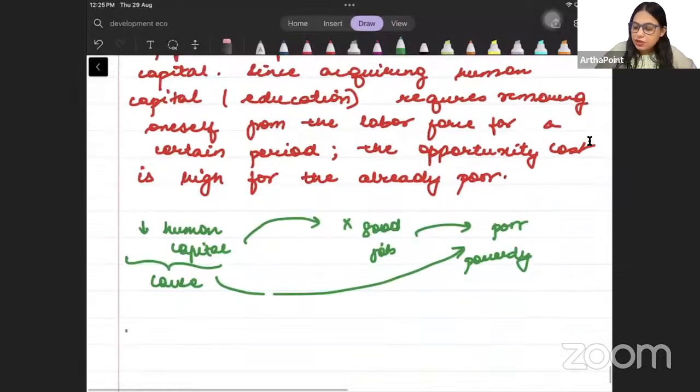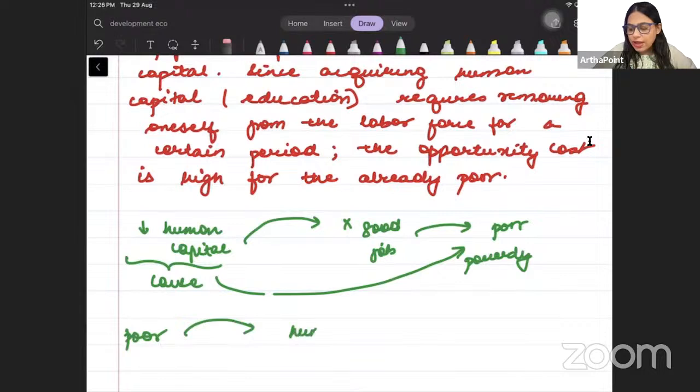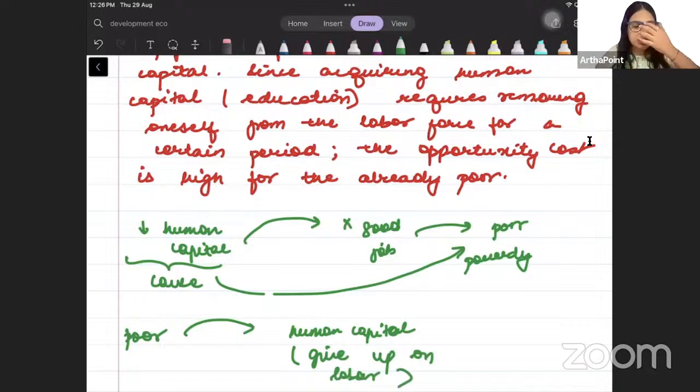But if you are poor, and you need to acquire this human capital, then you will be giving up on the labor hours. You will not be able to work because a poor person will start working very soon. So if a poor person wants to get some level of education, they will have to give up on the money during that period because they will not be working, right?